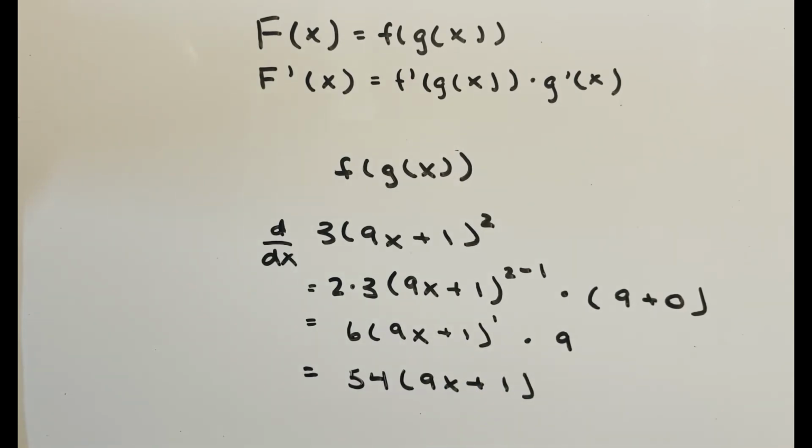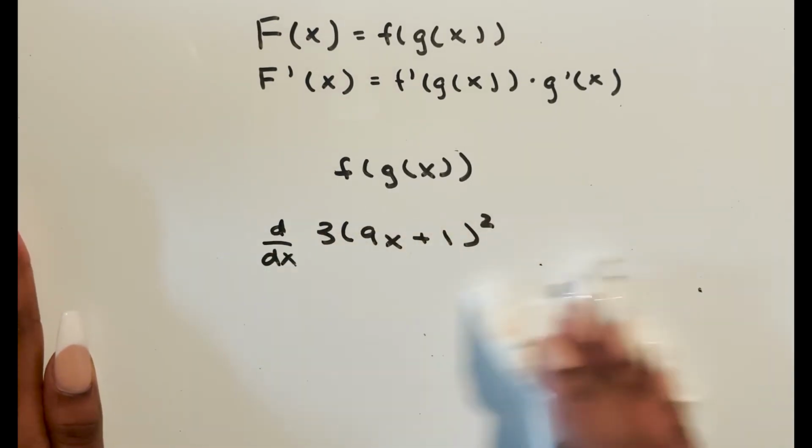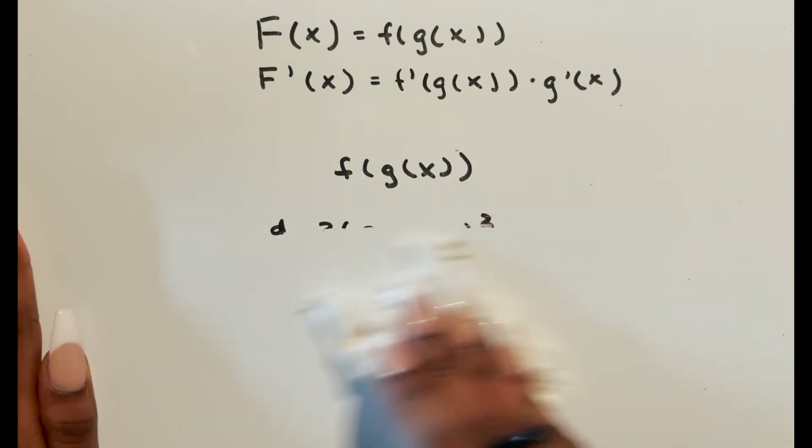So this is our final answer. We were able to find that the derivative of 3 times (9x plus 1) squared equals 54 times (9x plus 1). Let's take a look at another example to truly understand the application of the chain rule.